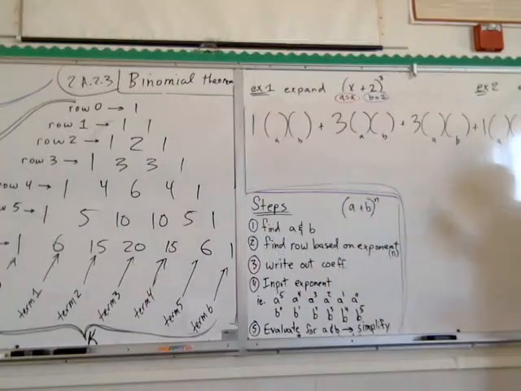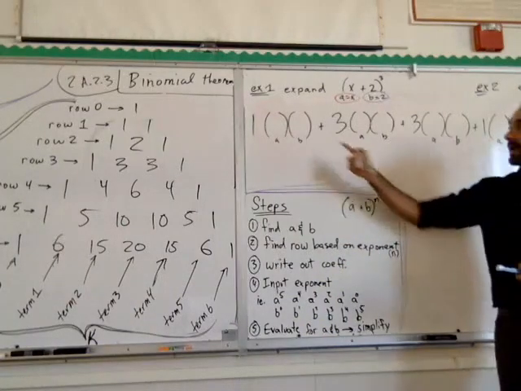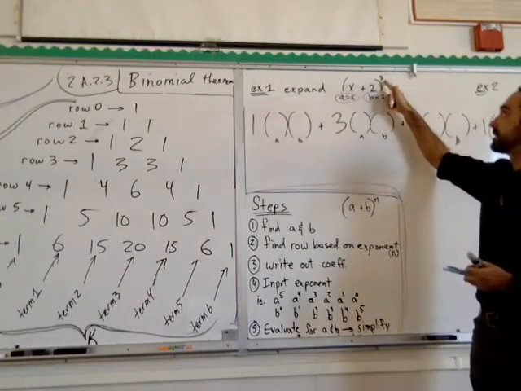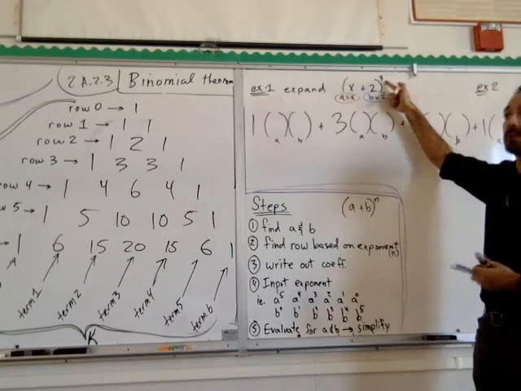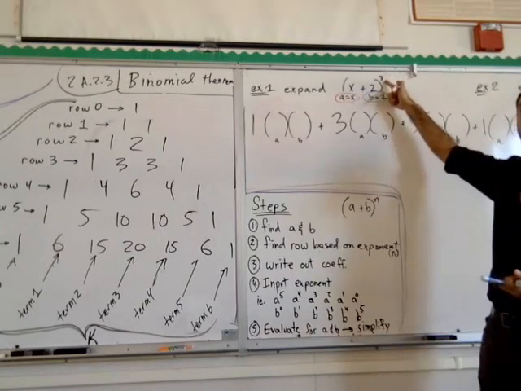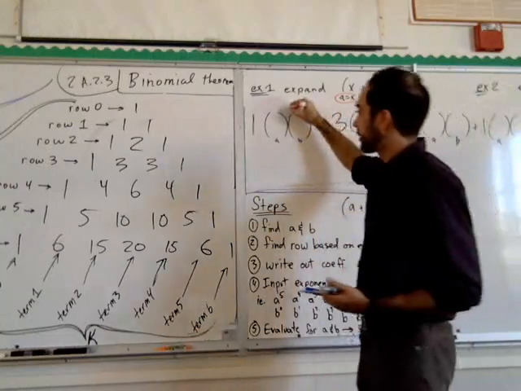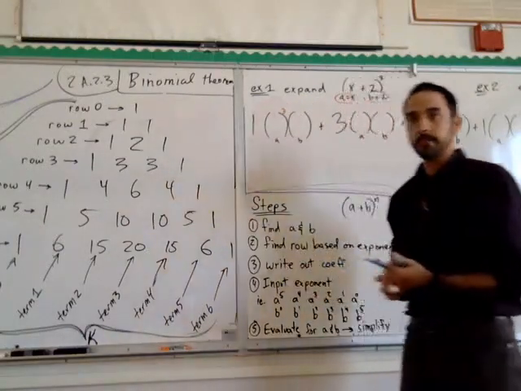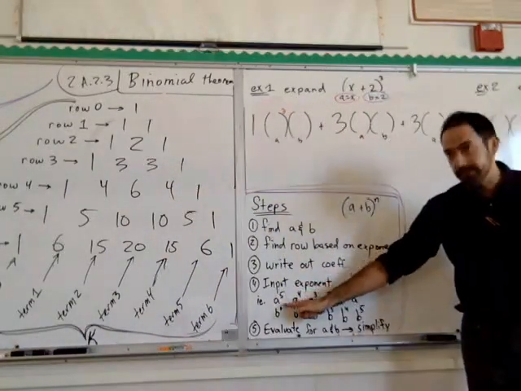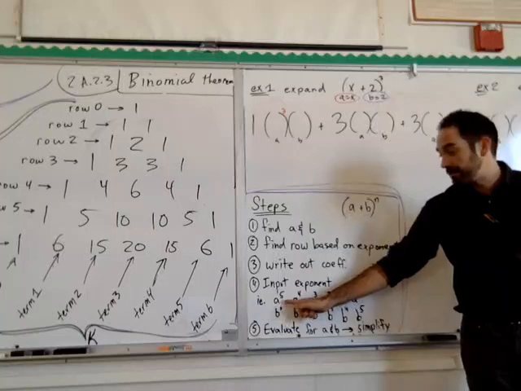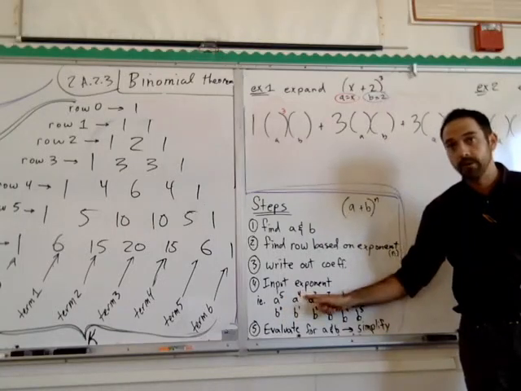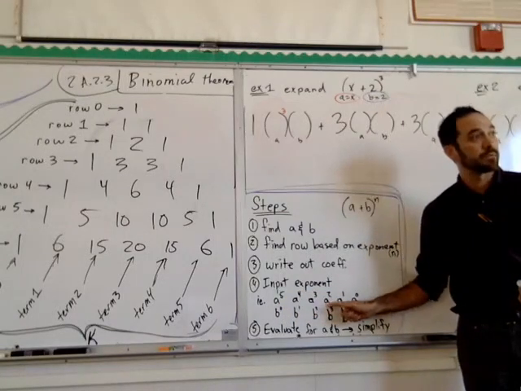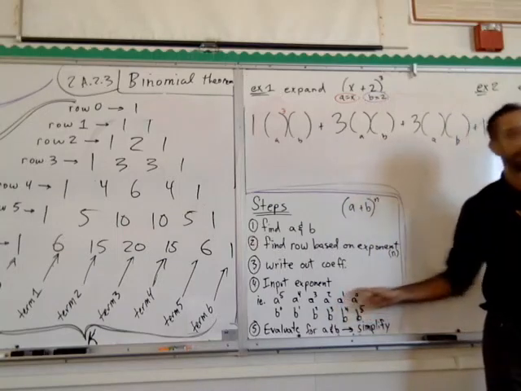Now, I'm going to start with my A's. The highest exponent I'm going to end up with is 3. So watch what I do with my A, the first term. I'm going to put a 3. And then if we look here, what happens with the A? 3, 2, 1, 0.